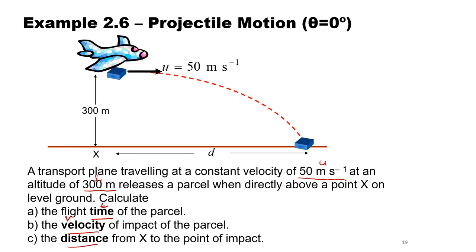C, the distance from X to the point of impact. We know that altitude 300 meter is negative value because displacement is below the reference point.